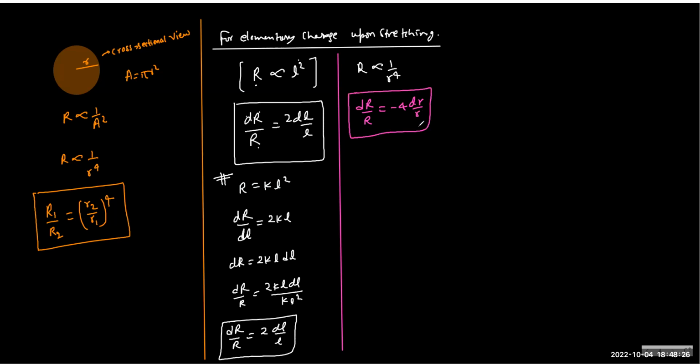So let's say if the cross-sectional radius upon stretching decreases by, let's say, 0.25%, then how much will the resistance increase? Answer is 1%, 4 times, right? So for a small change, we can always use the formula. For large change, you have to go through the exact relationship. Okay, so these are something very basic.